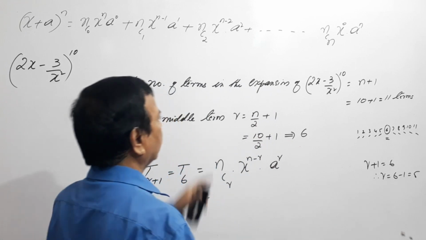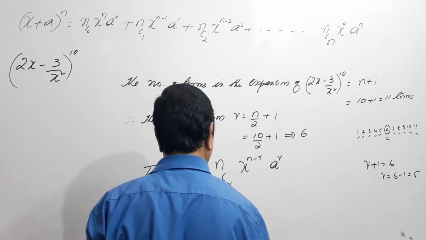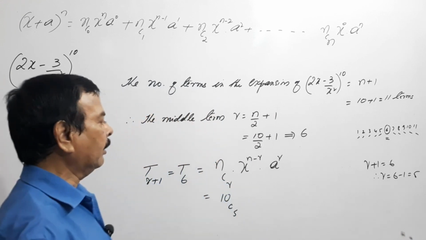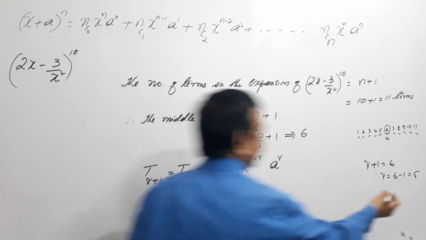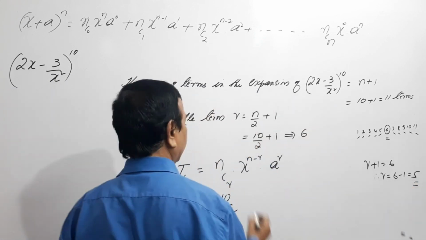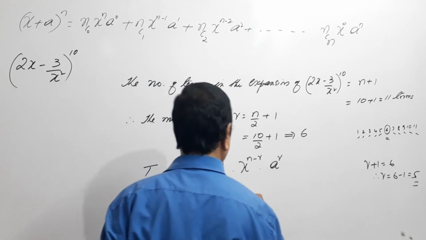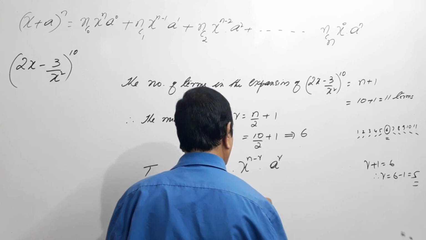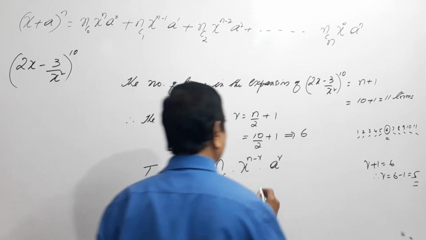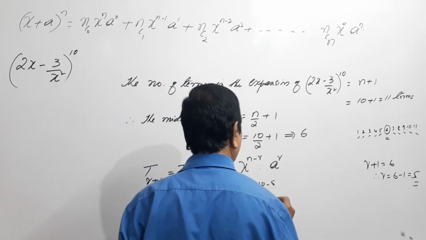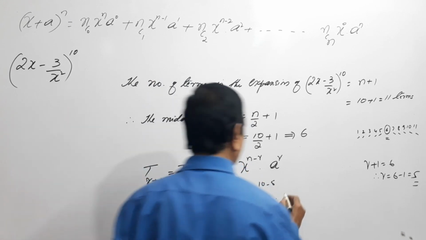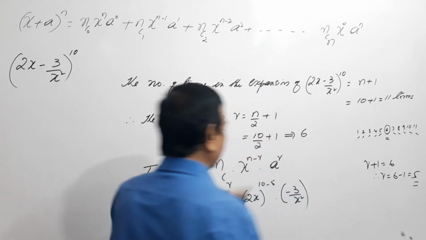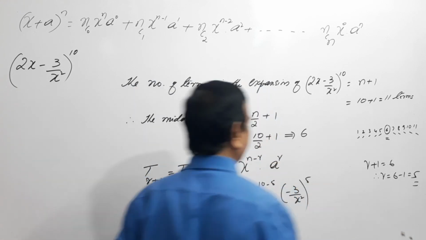So what is n? n is 10. r is 5; I have shown you how to find r. x is 2x, n is 10 minus r is 5, and a is, remember this, minus 3 by x squared to the power of r. Here r is again 5.